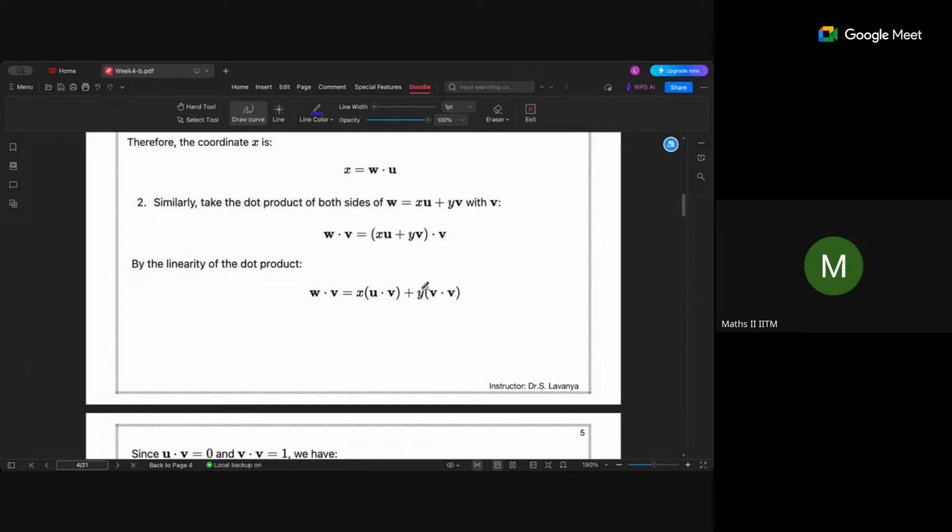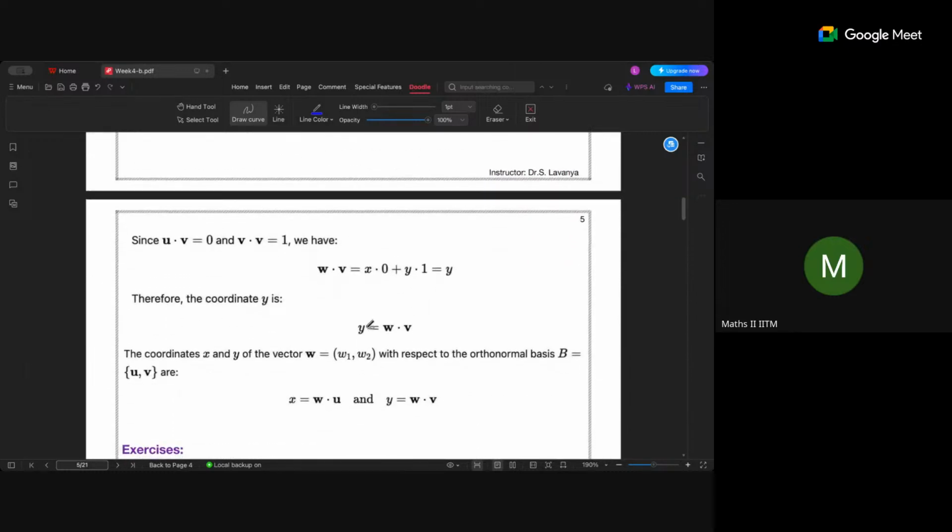Then you see that this part is 0 and this is 1. So y is equal to w dot v. Okay, so what do you have here? You have x is equal to w dot u and y is equal to w dot v. This is very useful when you solve problems. You can save time if you know that you have an orthonormal basis.